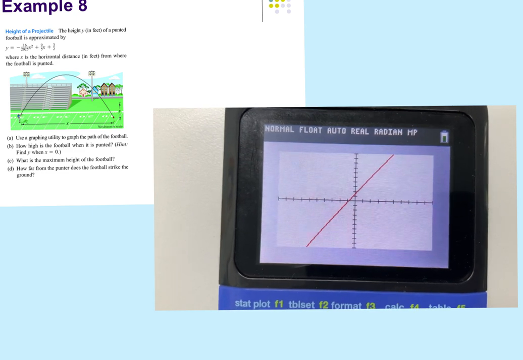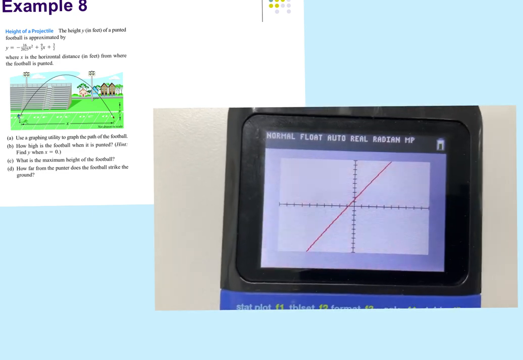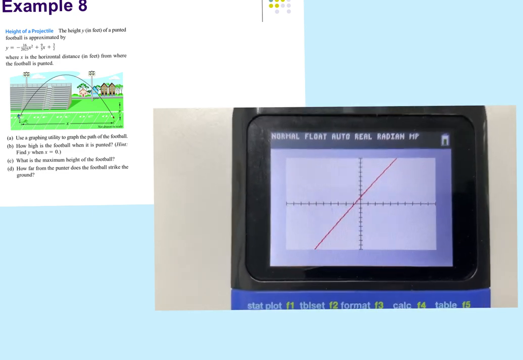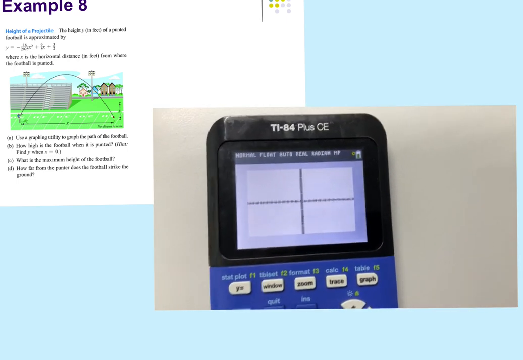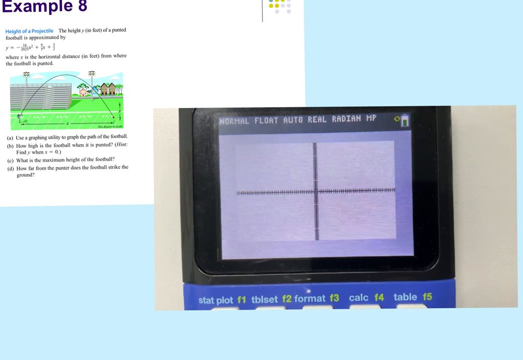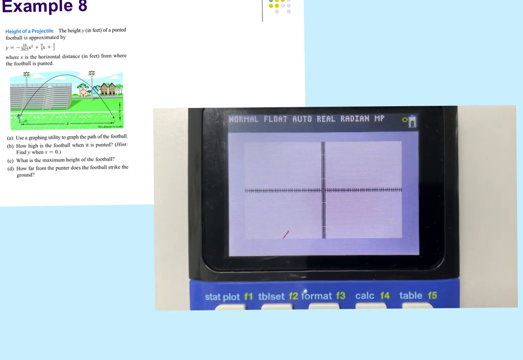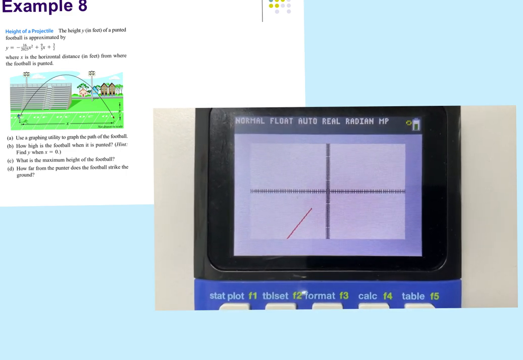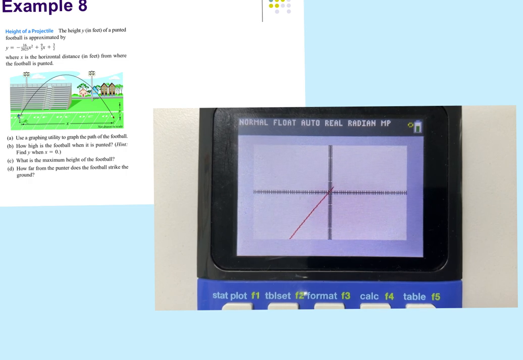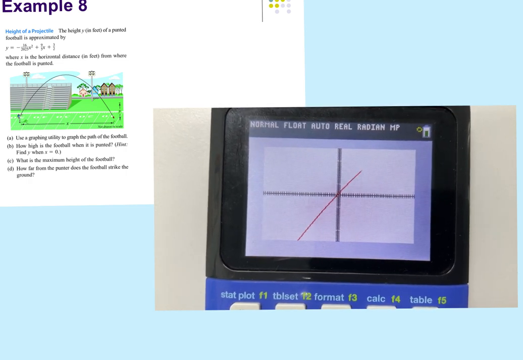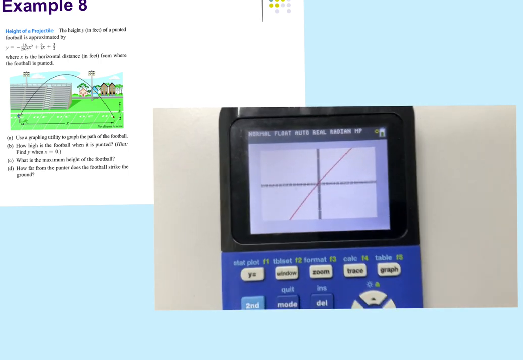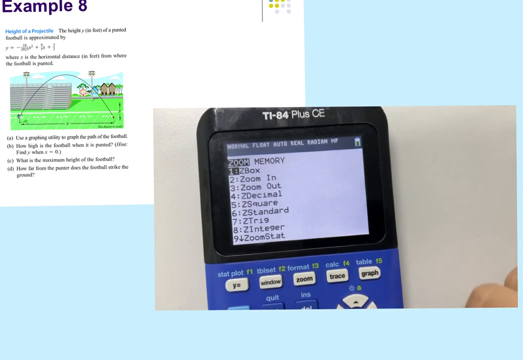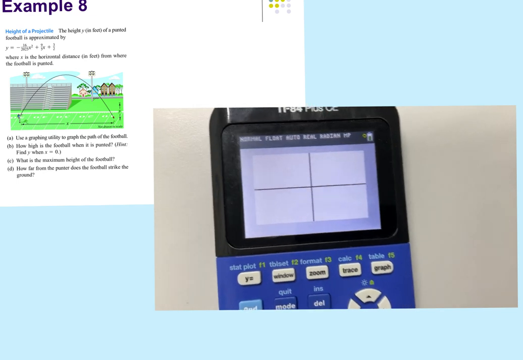So what's one way to get that full parabola? I can zoom out, so I hit zoom, zoom out, and I hit enter, and I get a little more. Still not making it, so you could zoom out again.